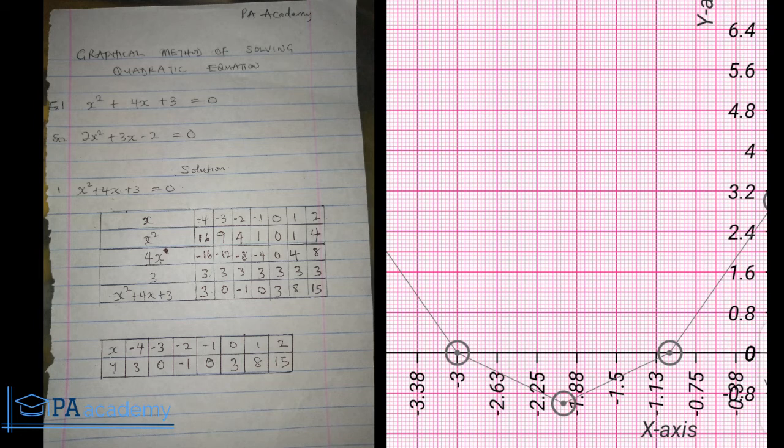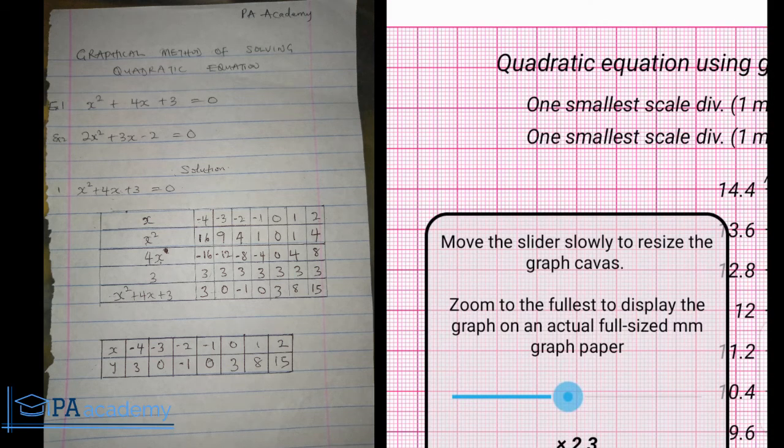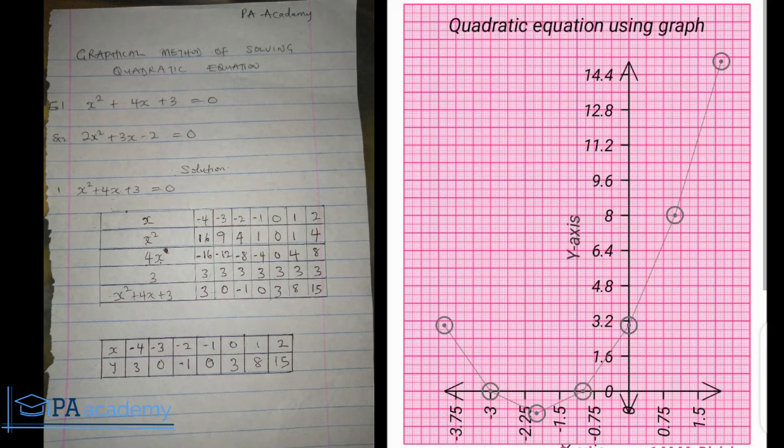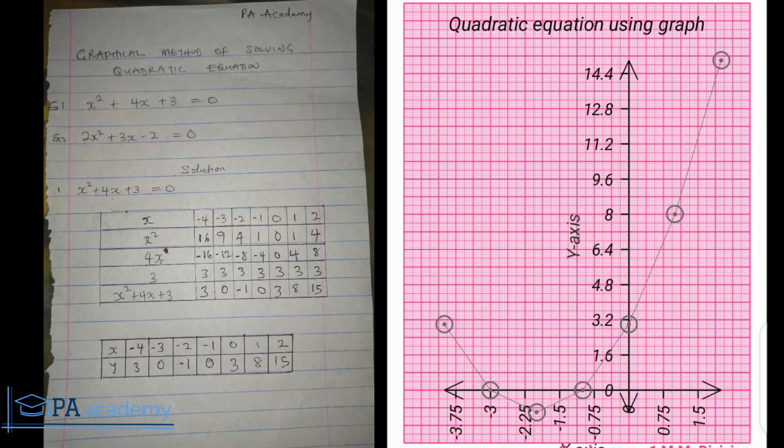The one on the right is in between minus 0.75 and minus 1.13, so where it is touching is minus 1. So that has given us the values for x. The values of x for this question are minus 3 and minus 1 using the graphical method. So that is it for the graph for example 1.